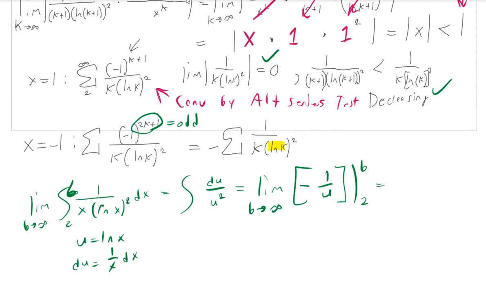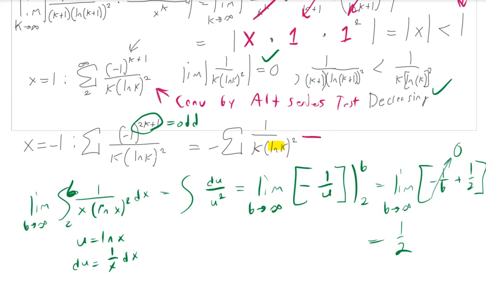If we plug in b and 2, we get the limit as b approaches infinity of -1 over b plus 1 over 2. This is going to go to 0 as b approaches infinity, and so we just have an answer of 1/2.